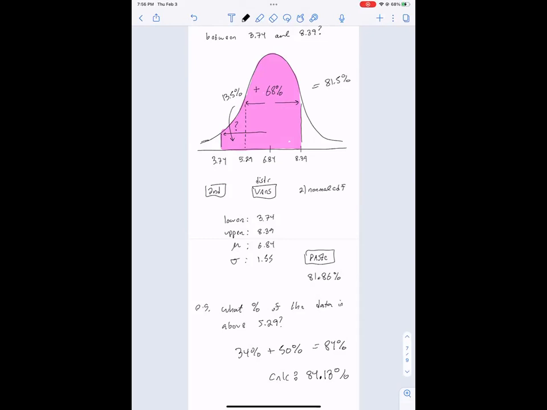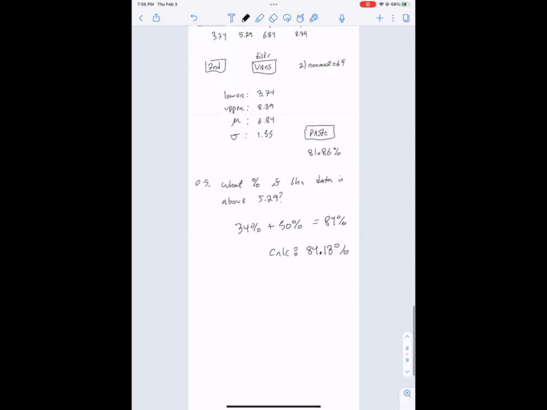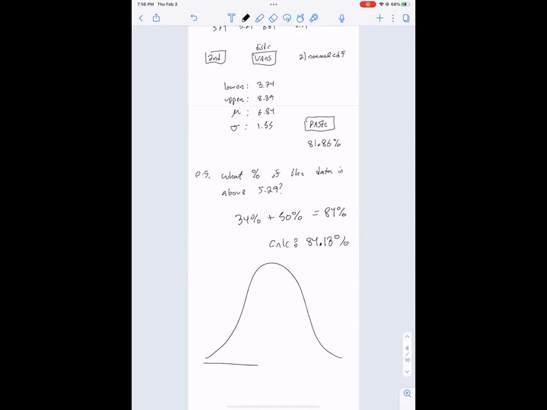But where did the 34 come from? I'm completely lost. It's half of 68. Because it's only one deviation, so we take the 68. It's just to the left, right? If I draw my graph, then one deviation down is 34%. This is 50%. Since I care about all of that, that's just 84%.